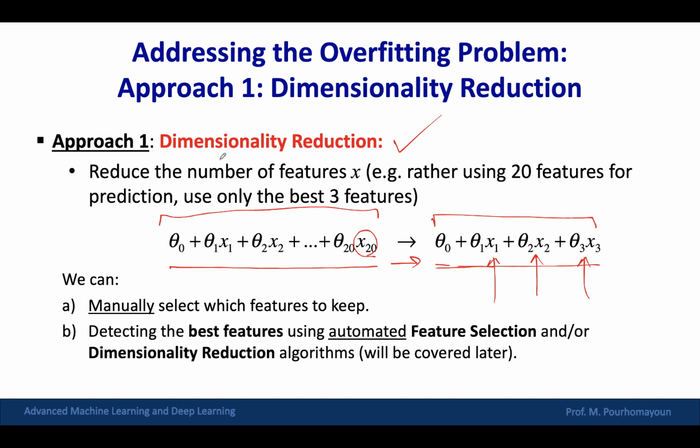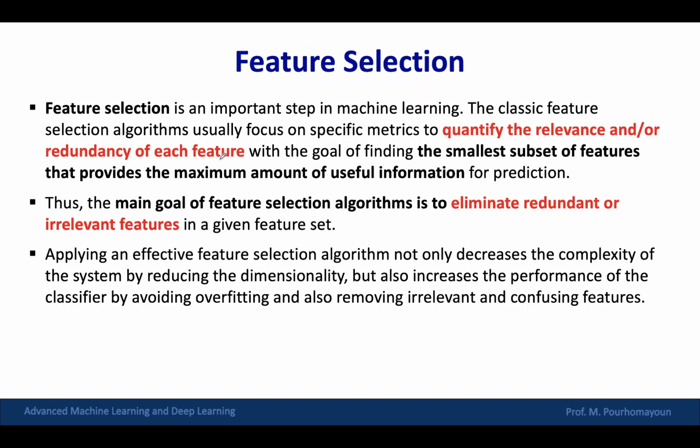So you can manually do it or use some automated feature selection, dimensional reduction. All right, feature selection is an important step in machine learning. You should use it as a step before your machine learning algorithm this semester for your project. So for your project, remember, you should do feature selection and dimensional reduction before your machine learning algorithm, and I will talk about this.